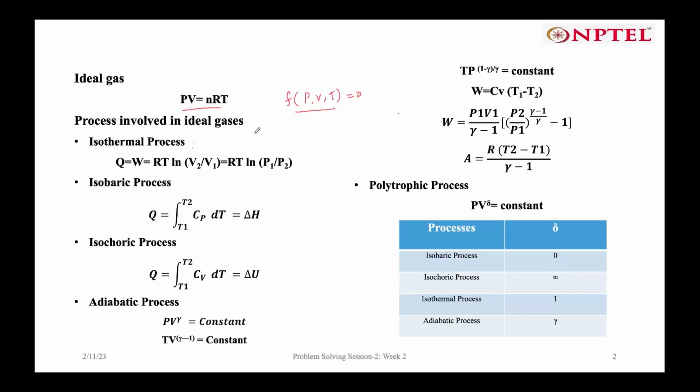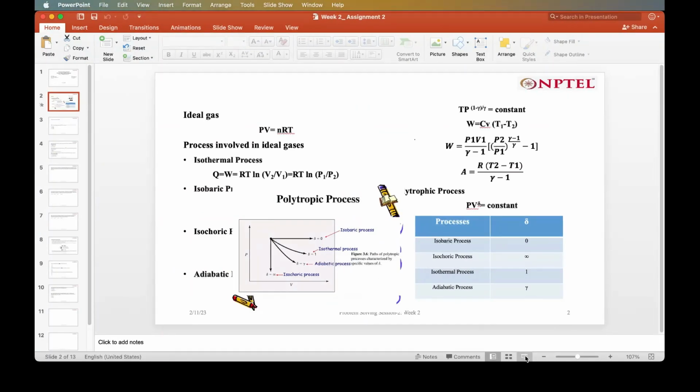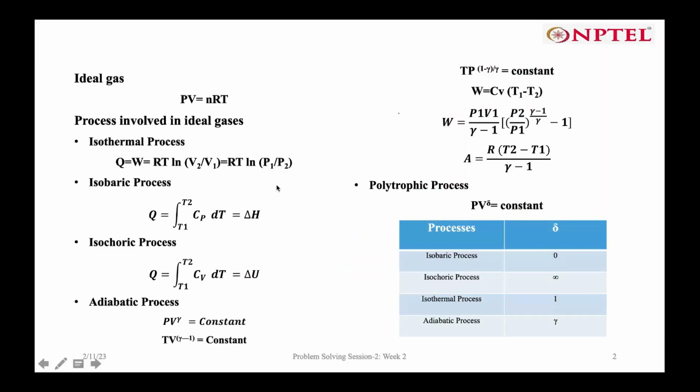Here Q positive means heat added to the system, and a negative sign means work done by the system on the surroundings.